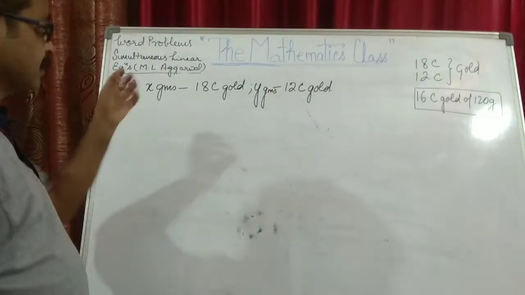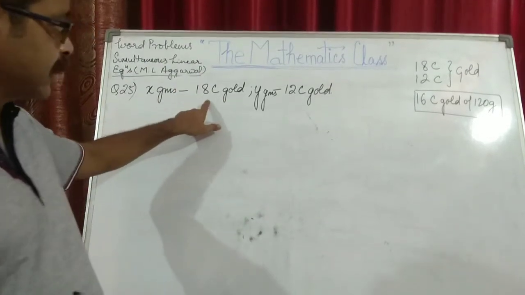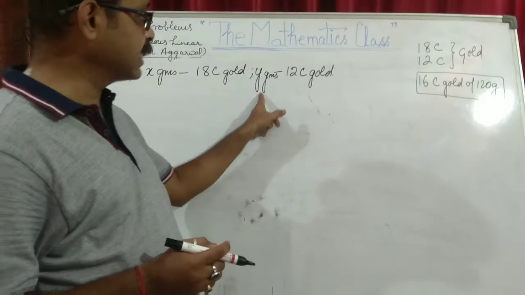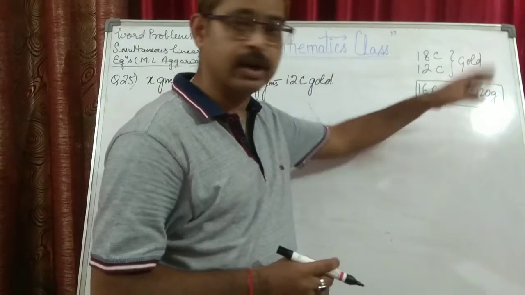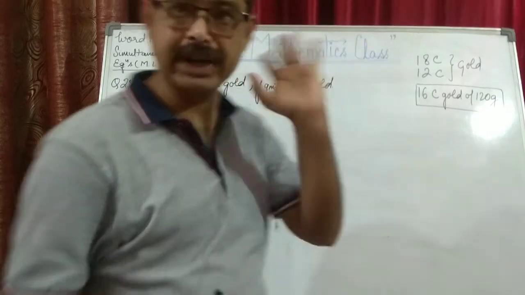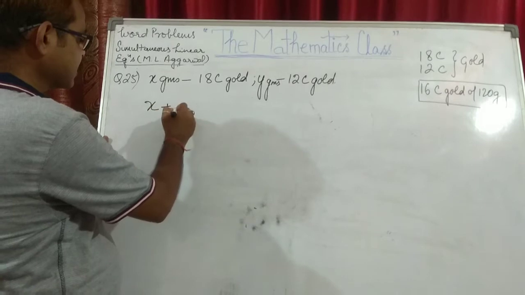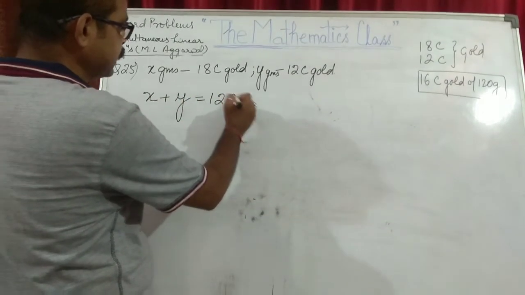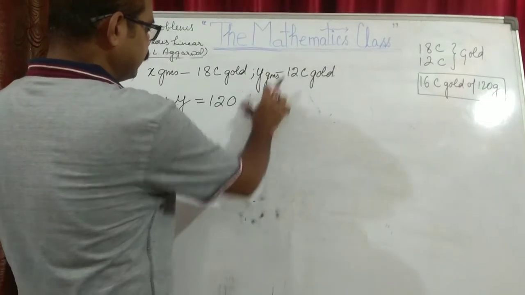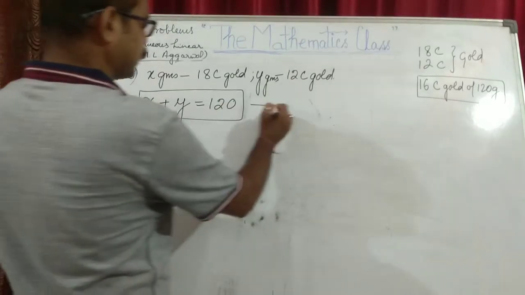It means he is using X grams of 18 karat gold and Y grams of 12 karat gold to get 16 karat gold whose weight is 120 gram. It means X grams plus Y grams is a total of 120 grams in weight. That is your first equation.